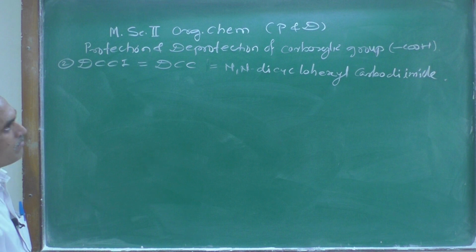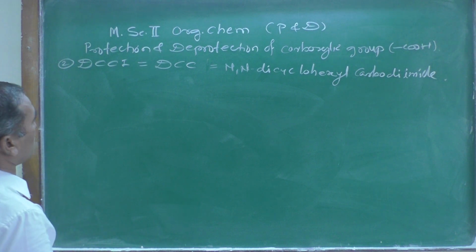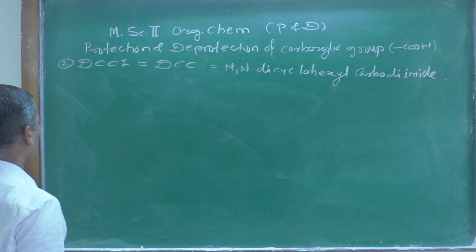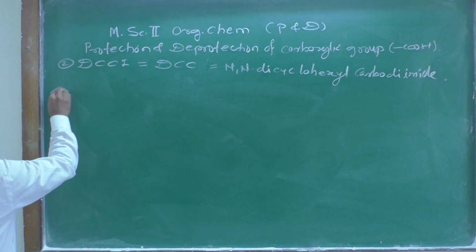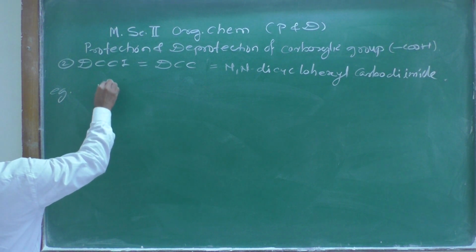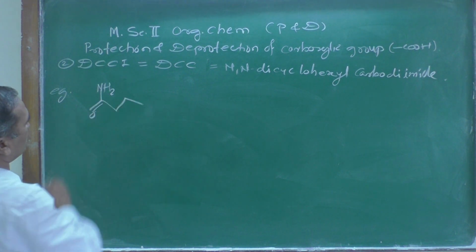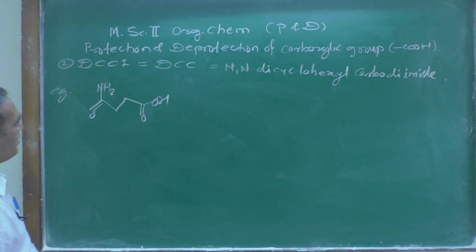So to avoid the problem of chemoselectivity, we can use this type of protection and deprotection of the carboxylic group. Now let us look at one suitable example. Here we have NH2, then C double bond O, then C double bond O and OH.